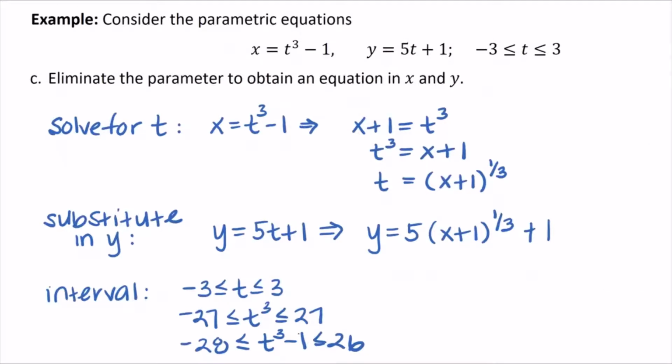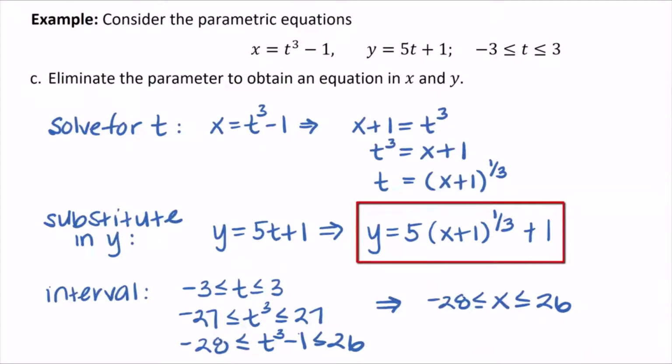Since x was equal to t cubed minus 1, this tells us that negative 28 is less than or equal to x is less than or equal to 26. And thus, by eliminating the parameter, we have that y equals 5 times the quantity x plus 1 to the 1/3 plus 1, where negative 28 is less than or equal to x is less than or equal to 26.